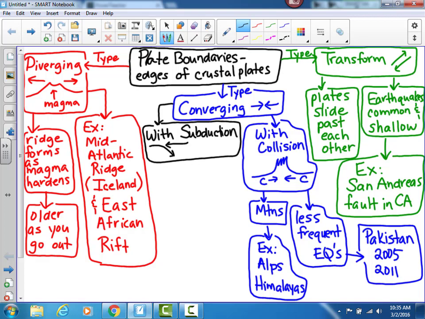This can occur with two different combinations of plates. You can have this kind of boundary with two ocean plates. One of them would be pushed underneath, or one would subduct.